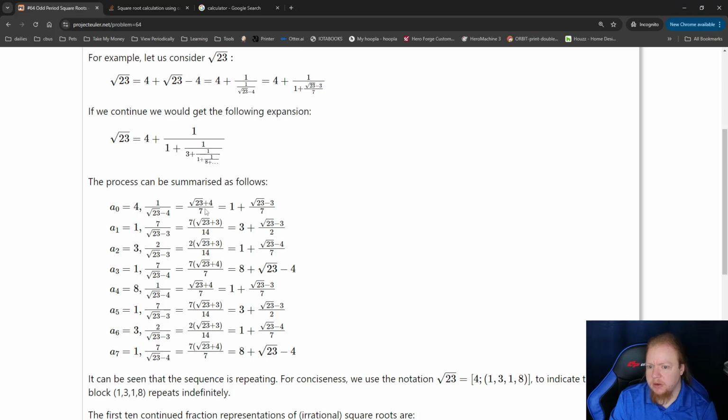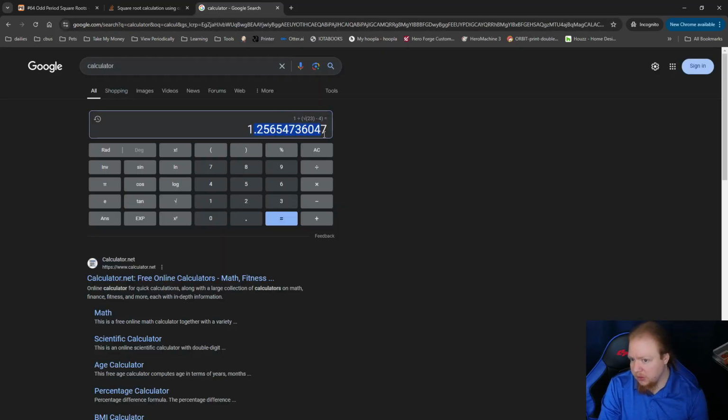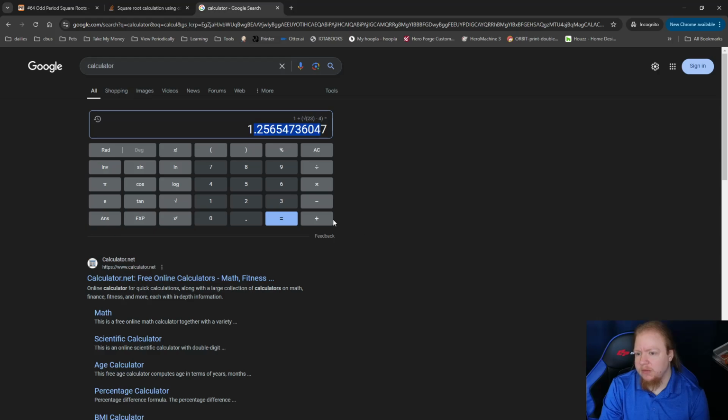That's what I really want to understand, how do we get to this 7? So the reciprocal 1 over square root of 23 minus 4 is equal to this 1.2, etc. That part's fine, we can take out the 1, but how do we know that the remainder is equal to this other thing?